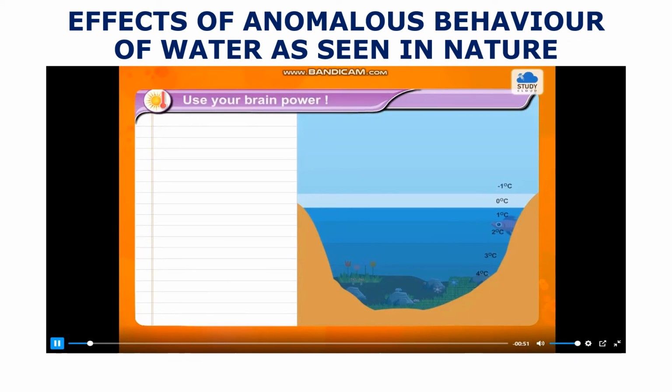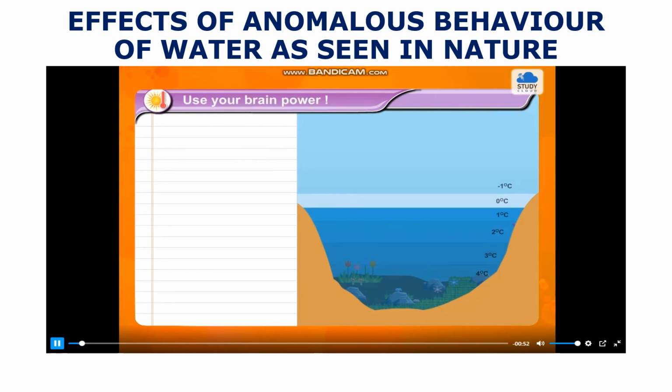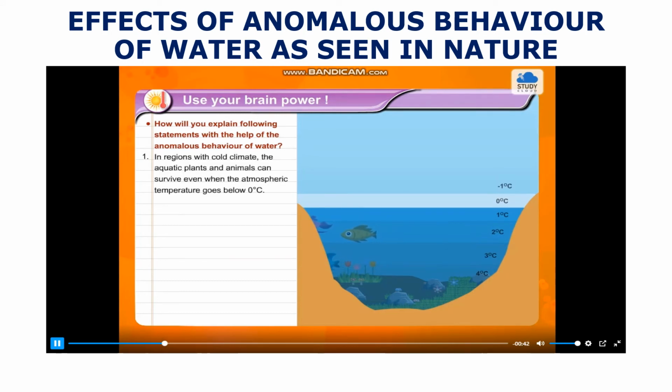Use your brain power. How will you explain the following statements with the help of the anomalous behavior of water? 1. In regions with cold climate, the aquatic plants and animals can survive even when the atmospheric temperature goes below 0 degrees Celsius.